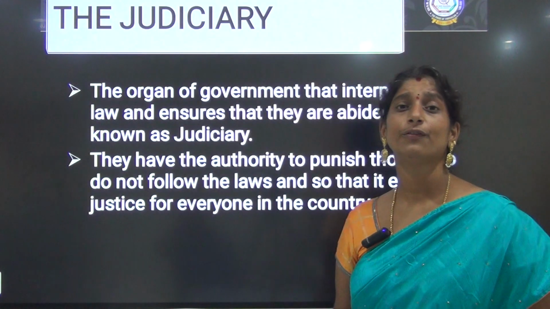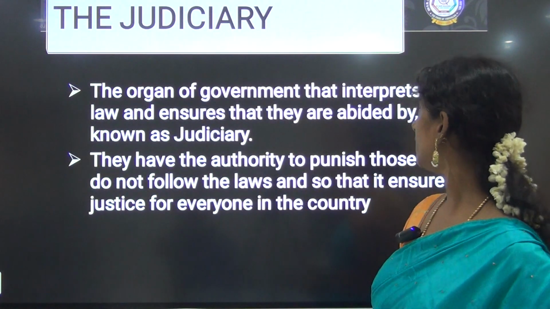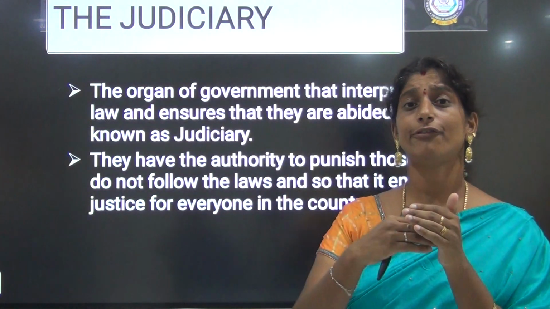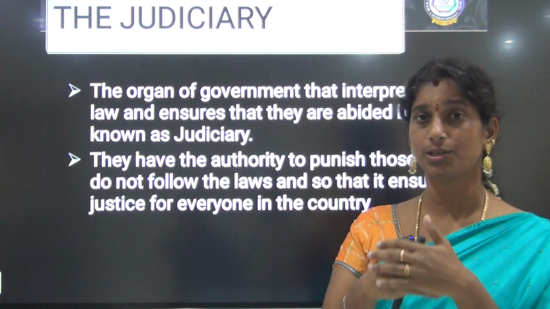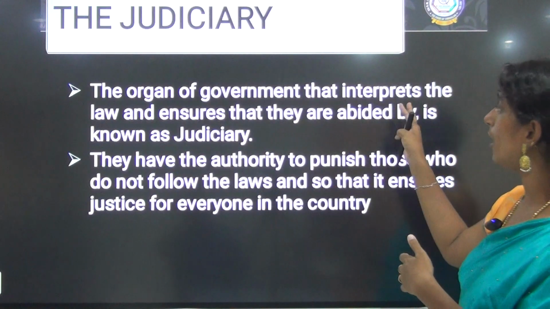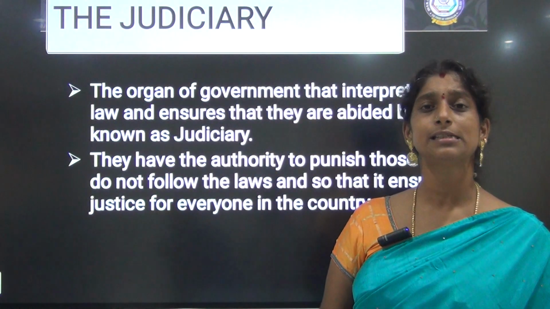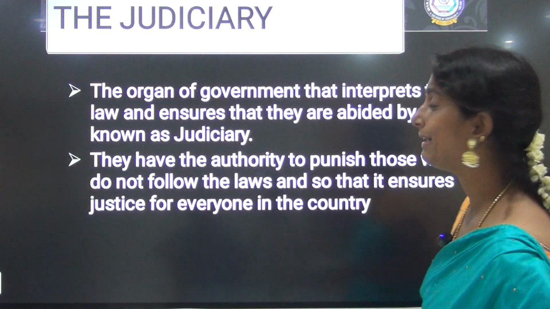So, the final organ of the government is the judiciary. This organ is the part which finally comes after the executives, right? What they do is ensure that every citizen of the country follows the rules. Clear?